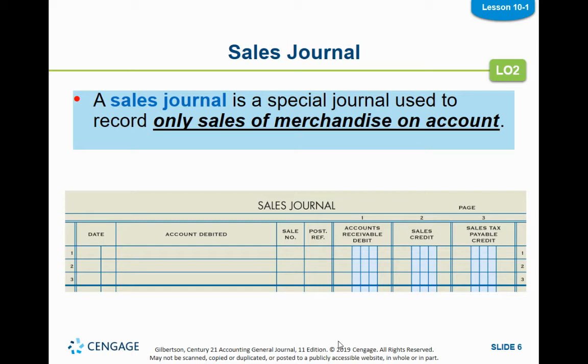If they buy something from you and they pay you cash, it does not go in the sales journal. Only sales of merchandise on account. So our sales journal has 3 columns. Accounts receivable debit to show what they owe us, sales credit to show what the sale was, and then sales tax payable credit. Your 2 credits added together will equal your debit.